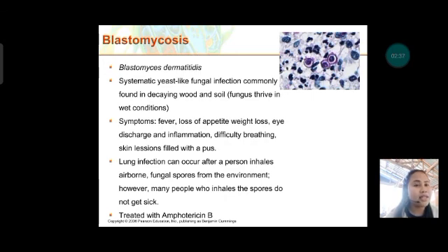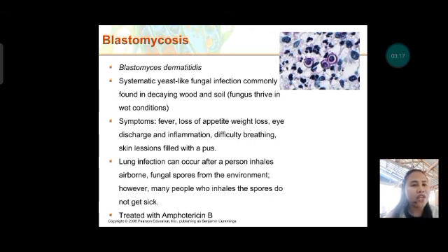The next fungal disease is blastomycosis. Blastomycosis is caused by Blastomyces dermatitidis. This is a systemic yeast-like fungal infection commonly found in decaying wood and soil. Because this fungus thrives in wet conditions, the symptoms of this disease are fever, loss of appetite, weight loss, eye discharge and inflammation, difficulty breathing, and skin lesions filled with pus.